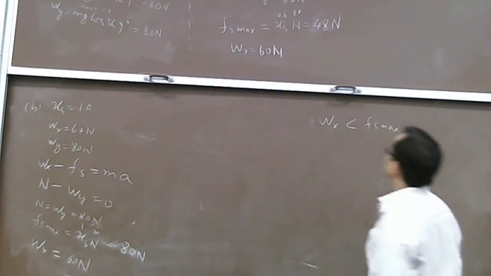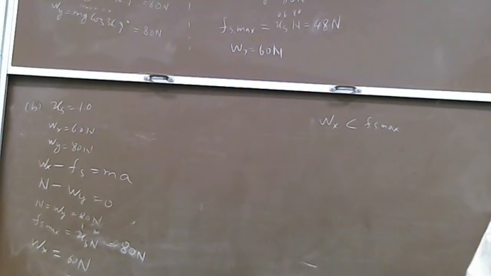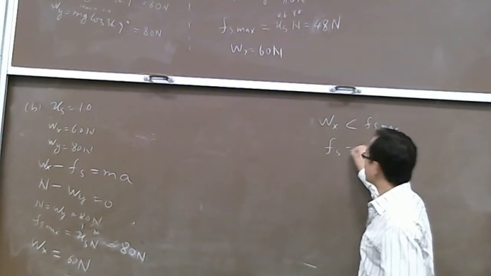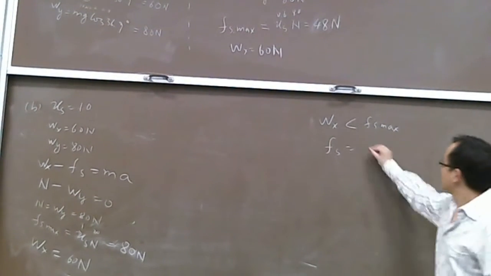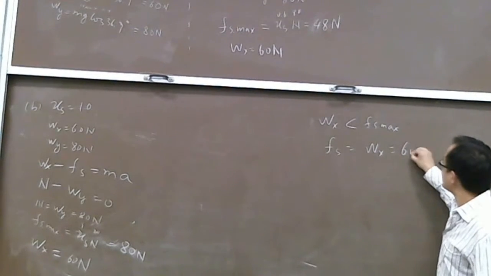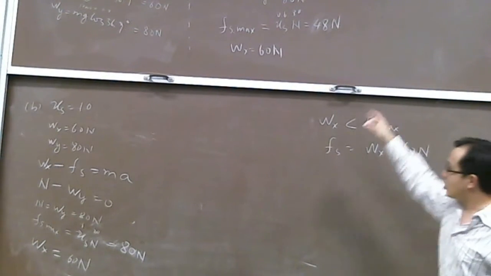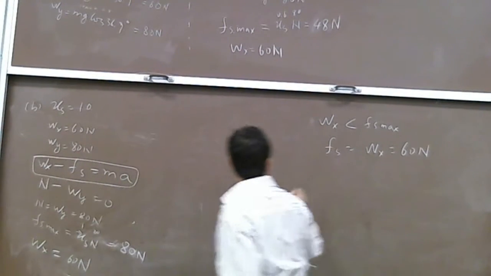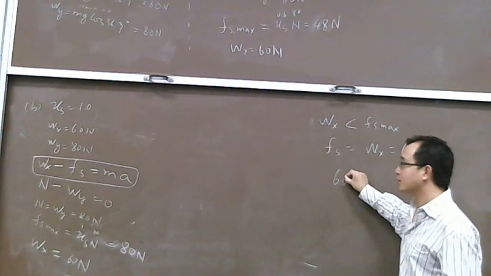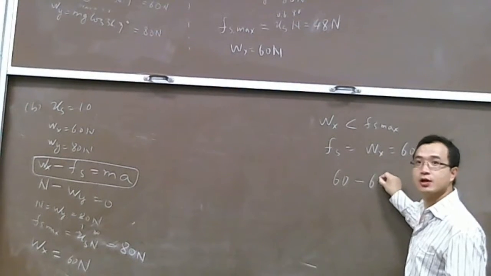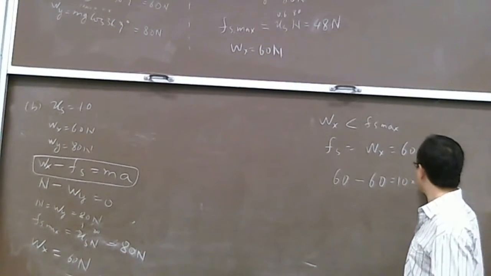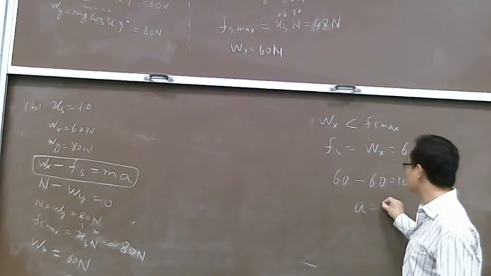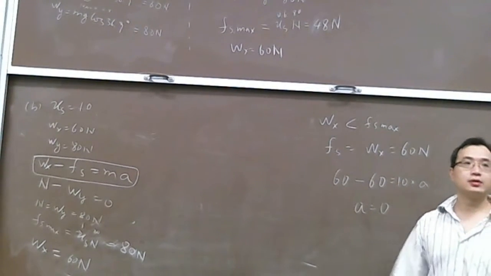If Wx is smaller than Fs max, what is the static frictional force? 60 Newton. Okay. So if we put this into this equation, we should get 60 minus 60 equals 10 times a. So a equals 0. Okay.